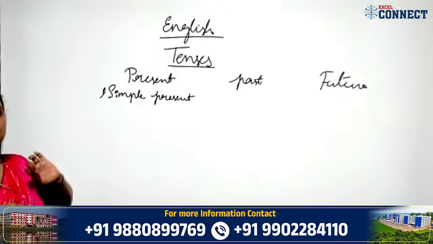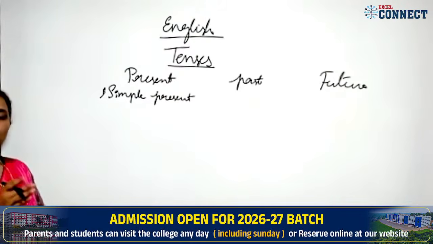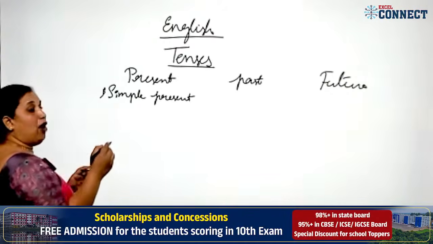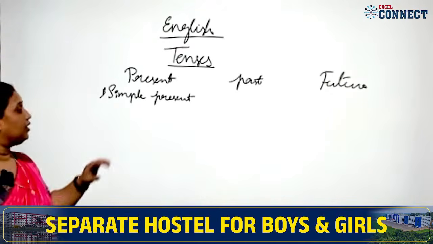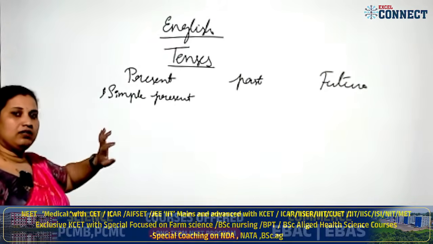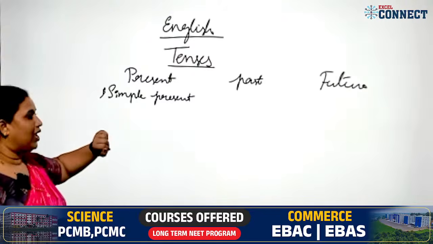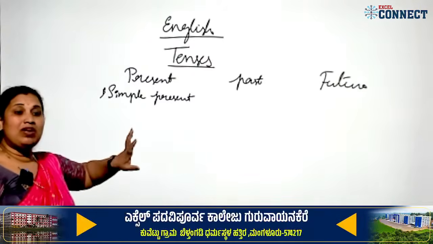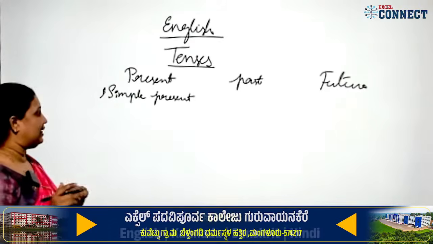The simple present tense is a habitual action which we are continuously doing every day. So how to frame a sentence in the simple present? As you have formulas in mathematics, we have formulas in simple present, where it will be very easy for us to frame the sentences.